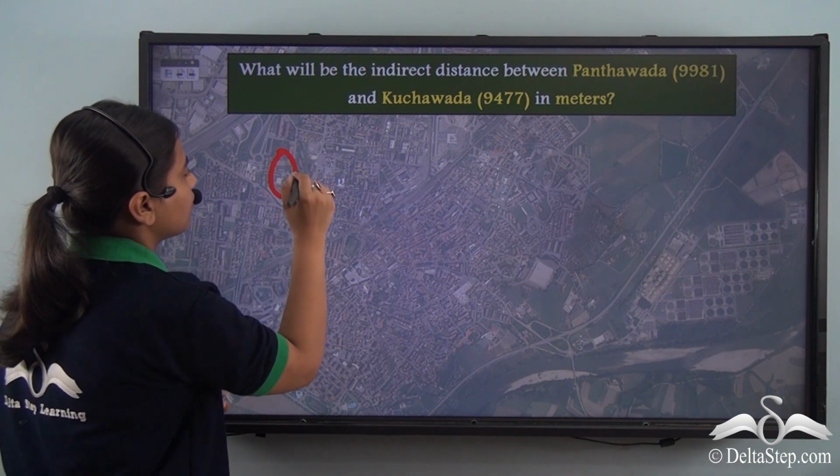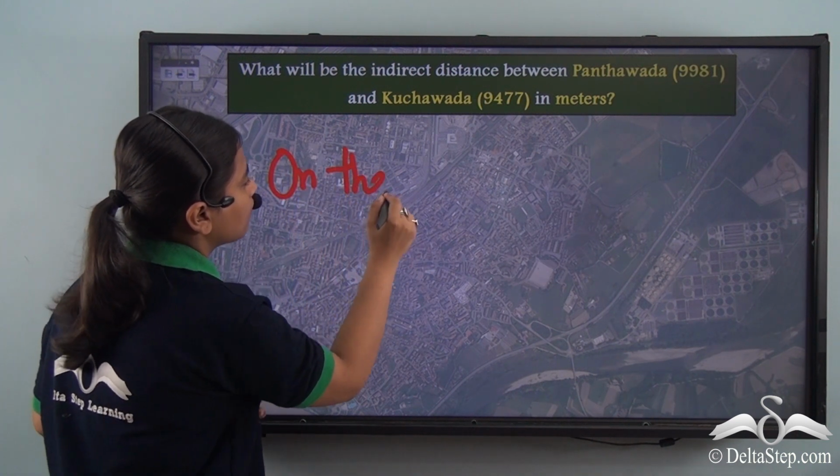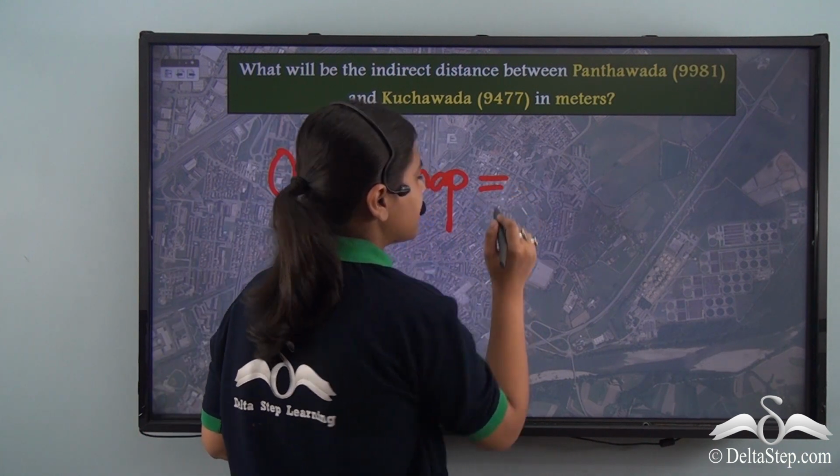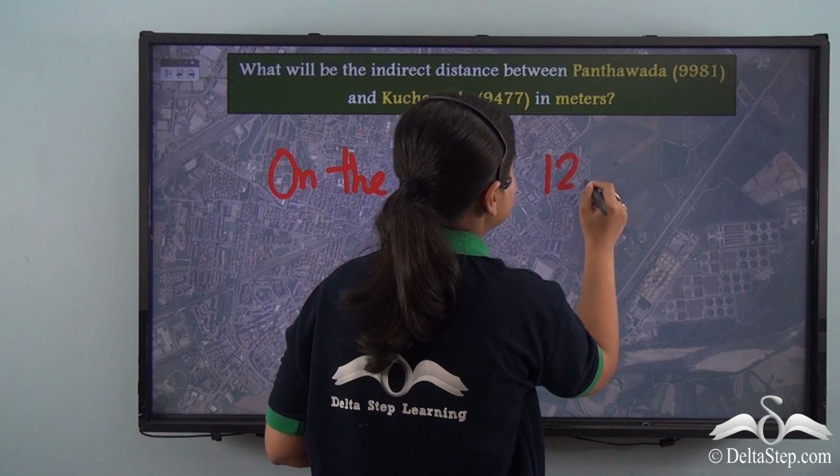So on the map, the indirect distance was 12 centimeter.